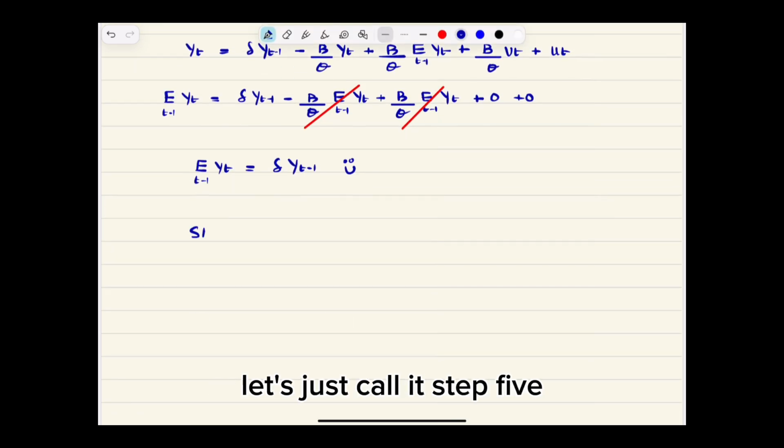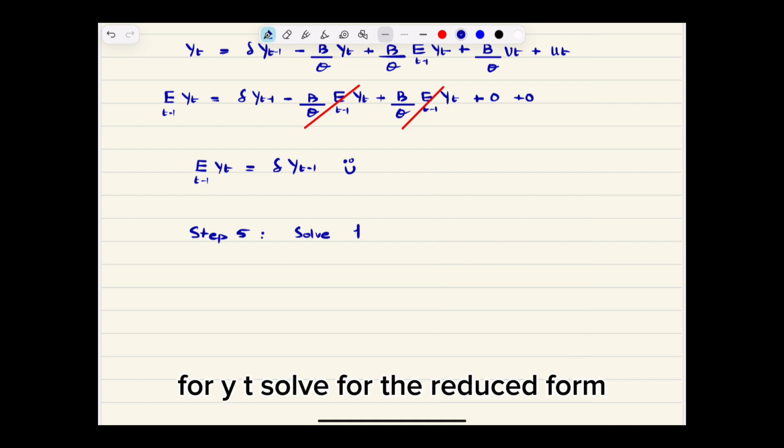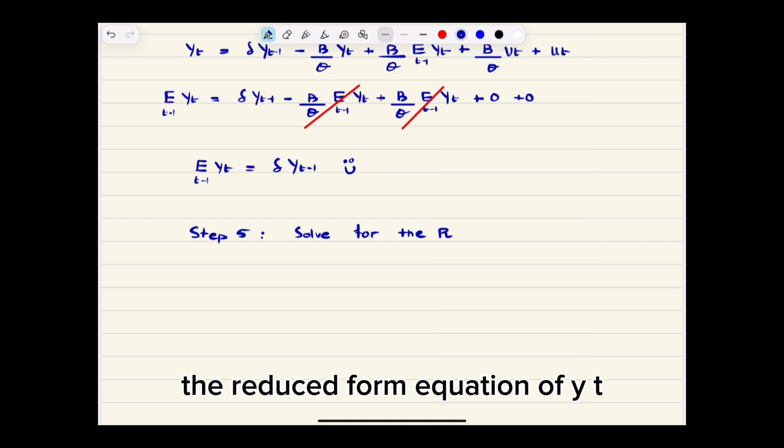Let's just call it step 5. Solve for y_t. Solve for the reduced form equation of y_t.